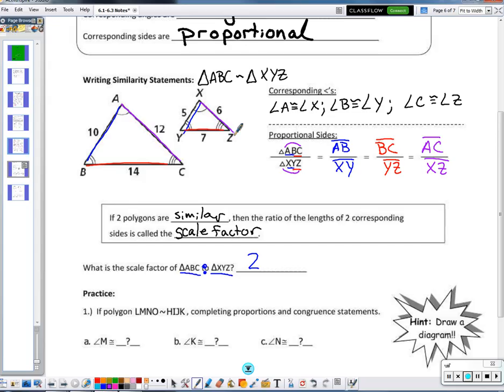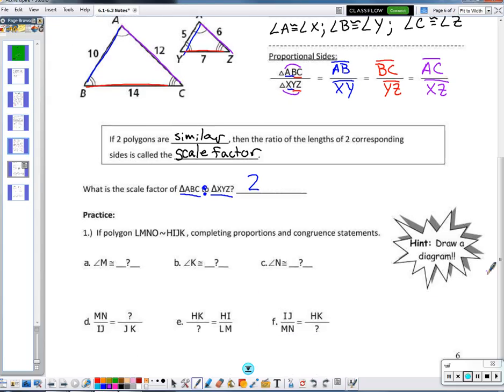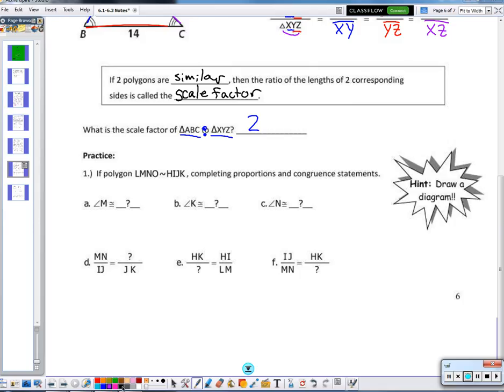So, let's use this similarity statement, or maybe a picture if you need to, to figure out which angles and which sides would be proportional to each other. Go. Fill in the blanks. If you need to, you can always draw a picture, right? I have one polygon. We can call it LMNO. And I have another polygon, which is going to follow the same order, HIJK.